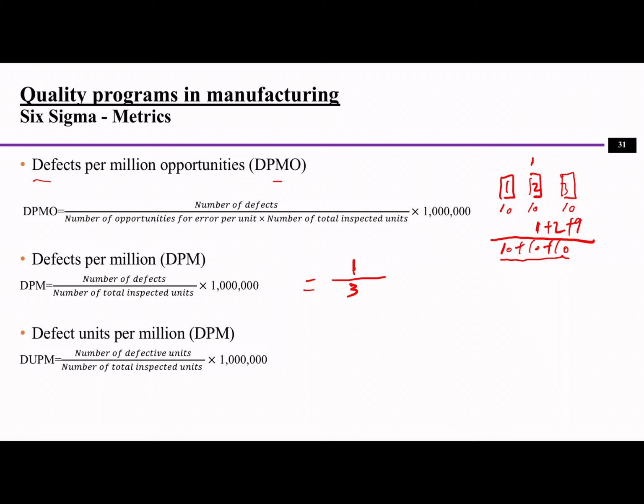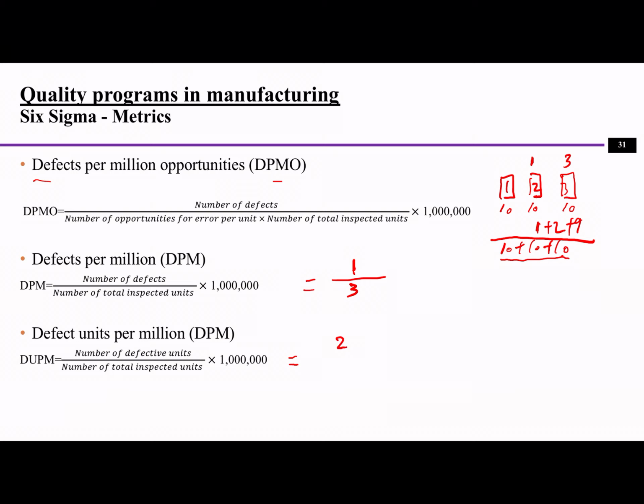Well, lastly, we can calculate number of defect units divided by number of total inspected units, right? For example, with the same phone problem. Phone 2, I got 1 defect. Phone 3, I got 3 defects. In this case, how do we calculate defect units per million? It means number of defective units. How many units have defects? 2 units have defects, right?